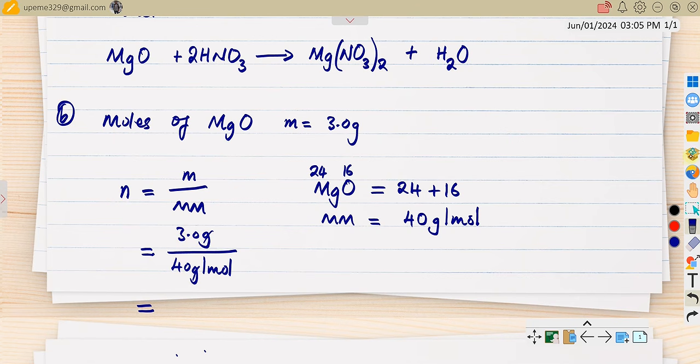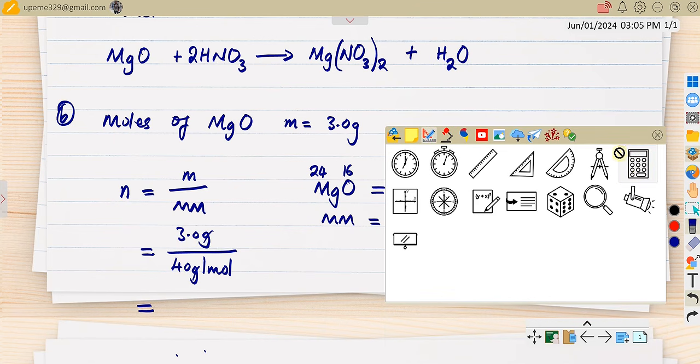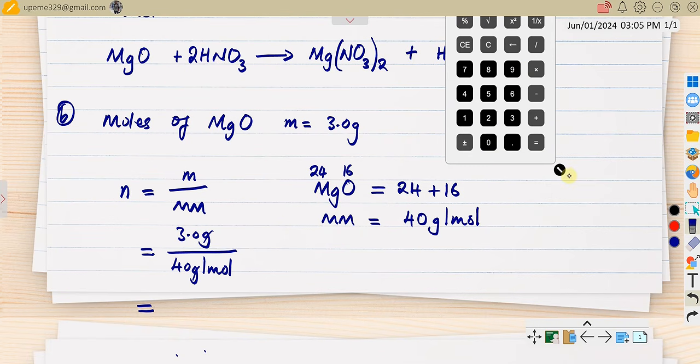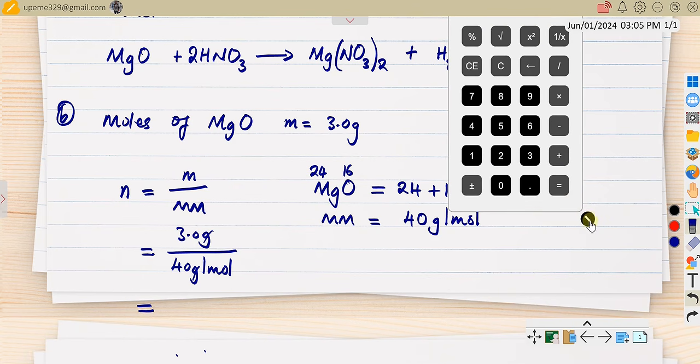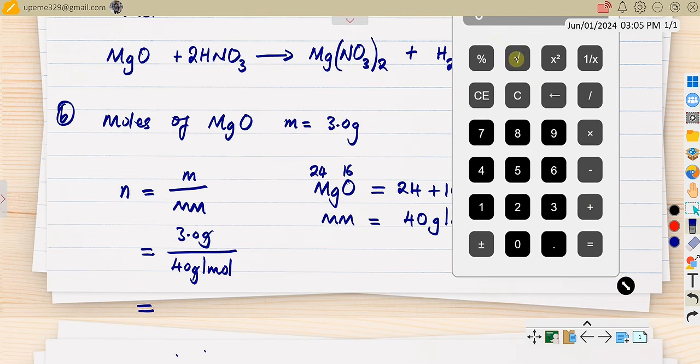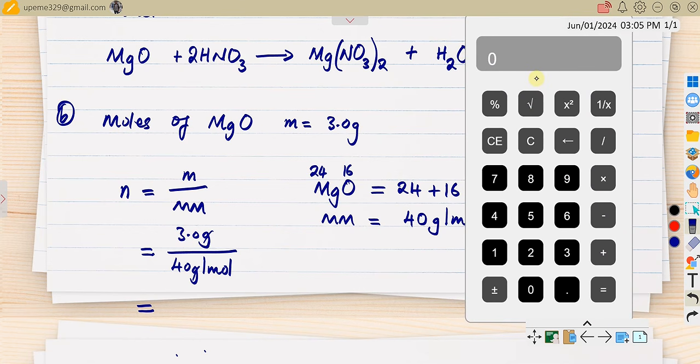Let me just get my calculator here. Let me expand it. So we have 3 divided by 40. What are we getting? 0.075, which will be the number of moles. So you put mol as the unit for moles.